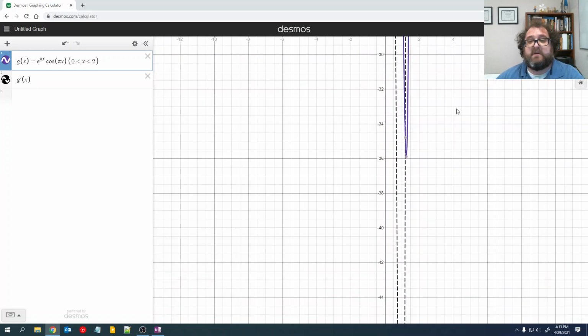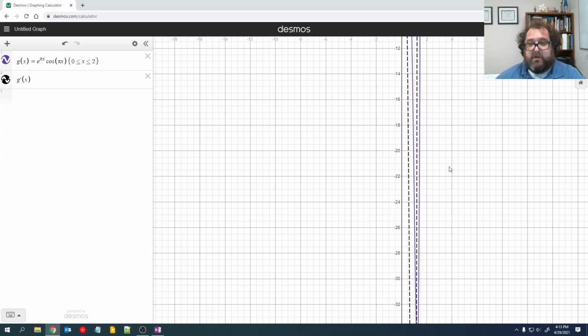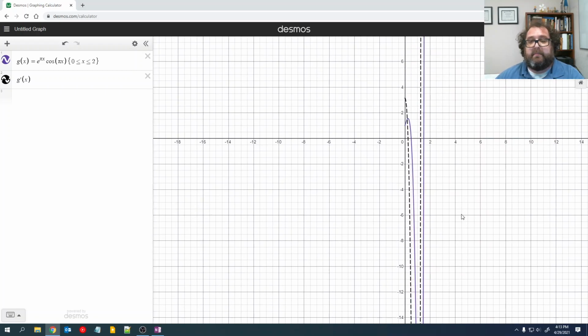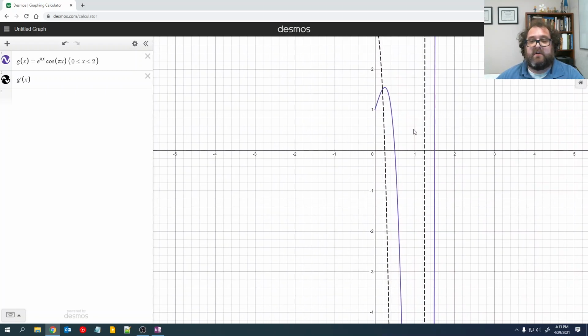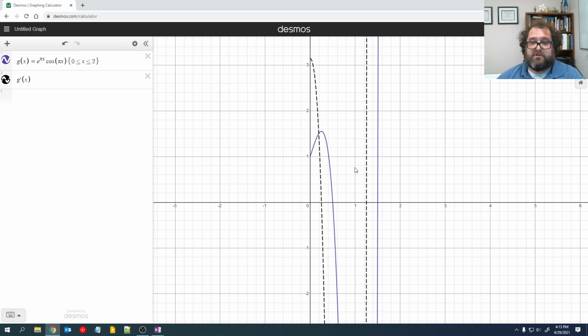So always be sure to really stress that connection between the graph of a derivative and the graph of the original function. Also notice where the graph of the derivative is positive between 0 and 1/4, that means the original function is increasing over that same domain.